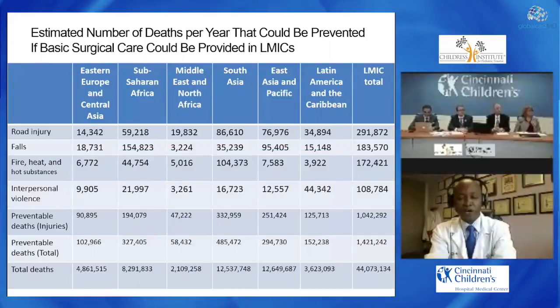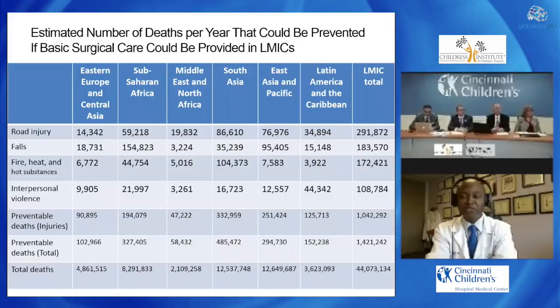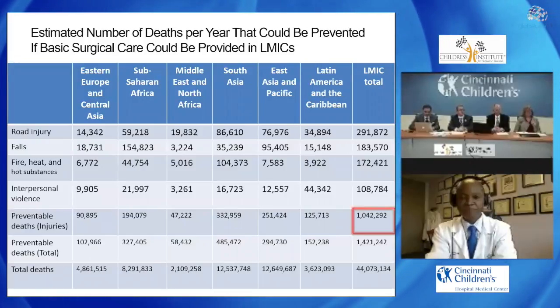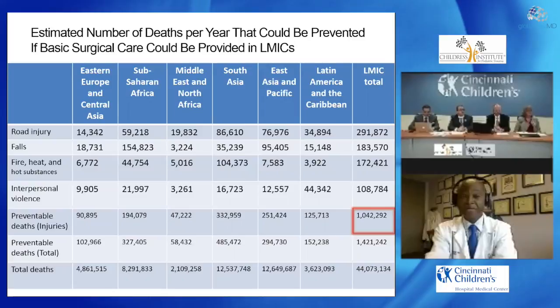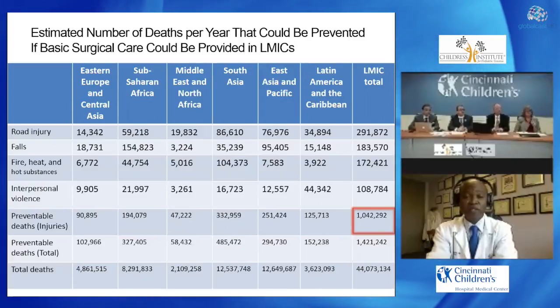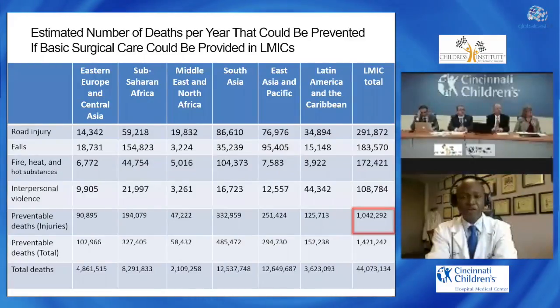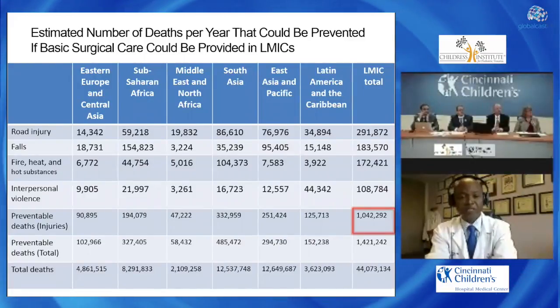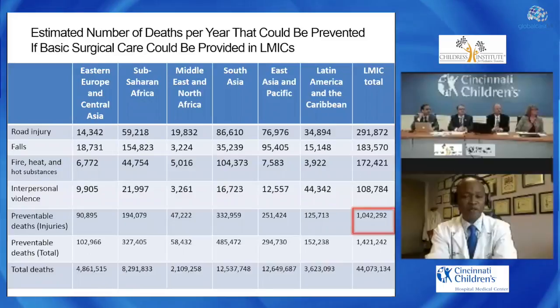Now, note that the majority of preventable deaths were due to injuries. That's about 77% of all preventable deaths were injury deaths. These were followed by maternal conditions, neonatal conditions, digestive diseases, and others.